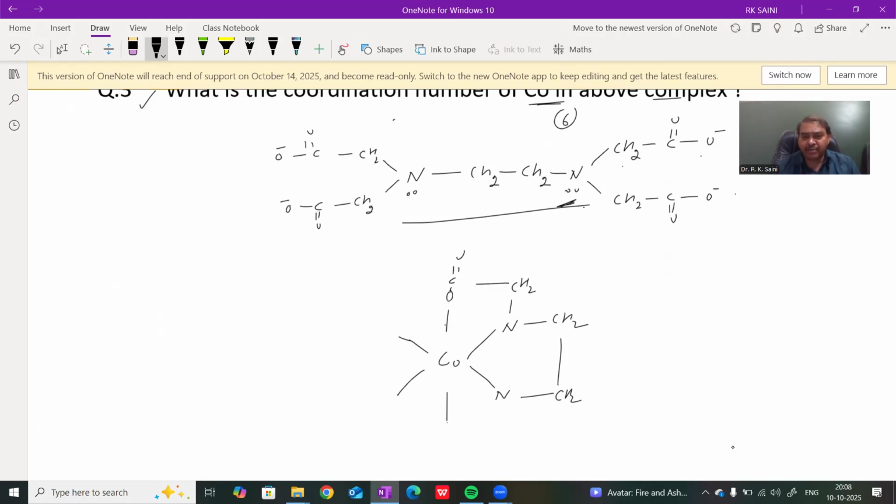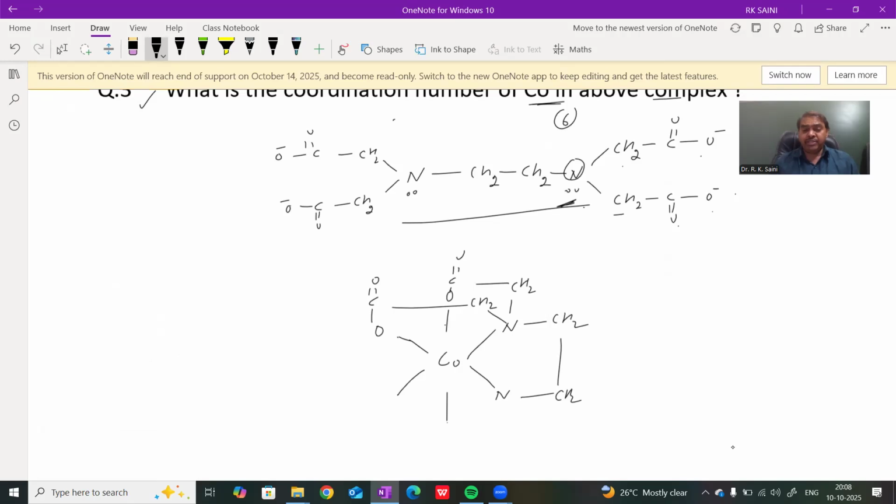There are 6 donor atoms, 2 nitrogens and 4 oxygens. This nitrogen also contains CH2CO. This nitrogen also contains CH2, and CH2 is attached with C double bond O, which is attached with O, and O is also a donor atom.